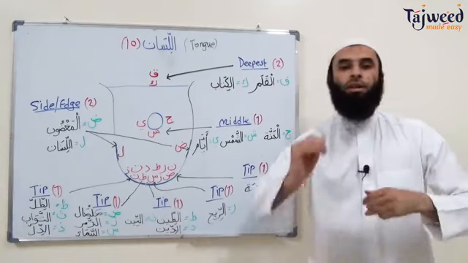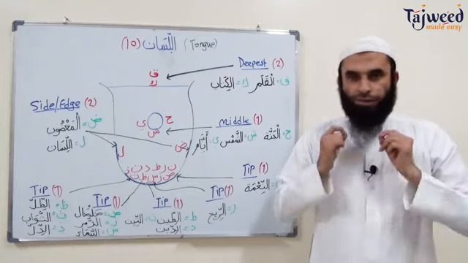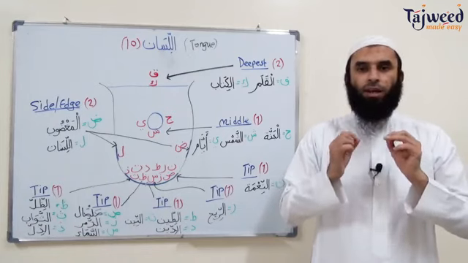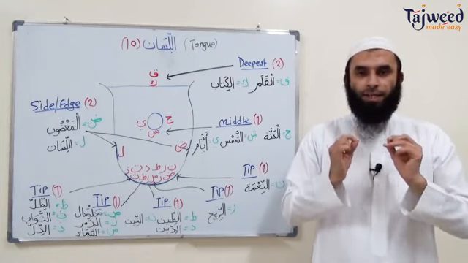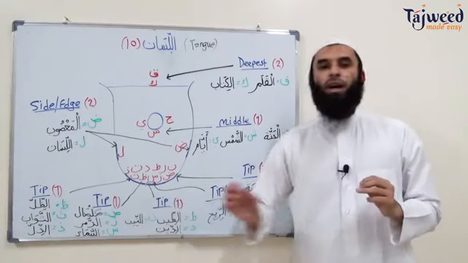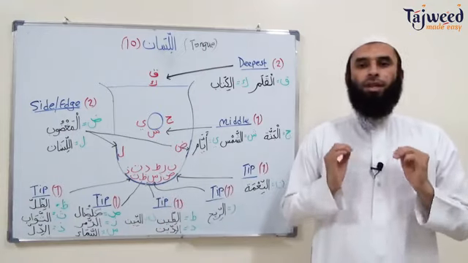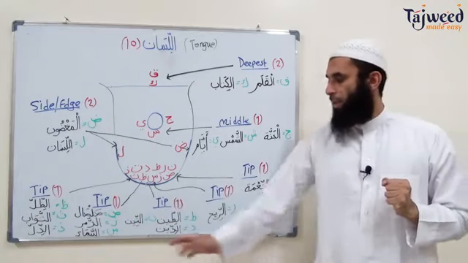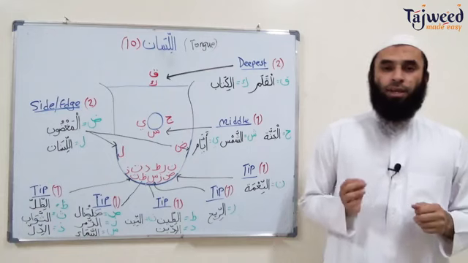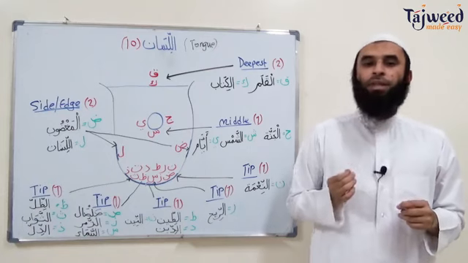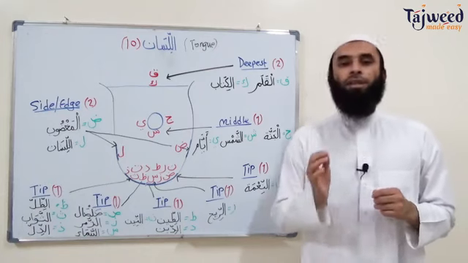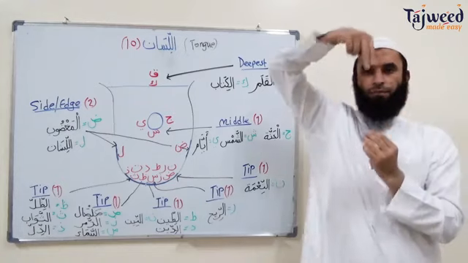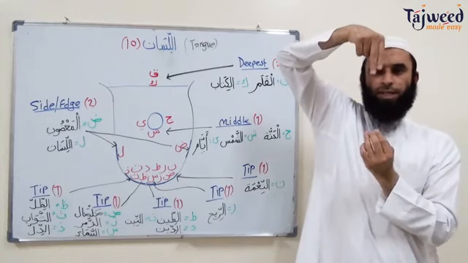Then the next three letters are the safil letters, the whistling sound letters. These three letters have the attribute of a whistling sound: sa, zai, and sin. So sa, as-sal, za, az-zumar, and sin, as-samawat. The makhraj point of these three letters is the tip of the tongue, pronounced between the plates of the front two teeth, the top incisors and the bottom incisors.